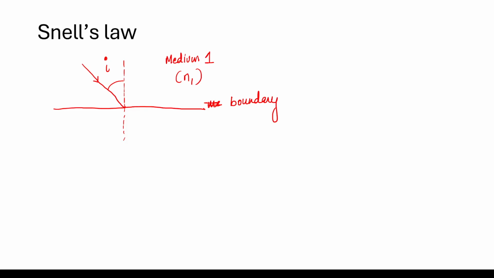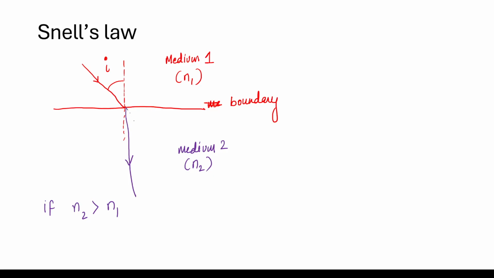Now as it goes into the second medium, medium 2, refractive index n2, if n2 is greater than n1, that is, it's entering into a denser medium, so the refractive index is higher, it bends towards the normal.